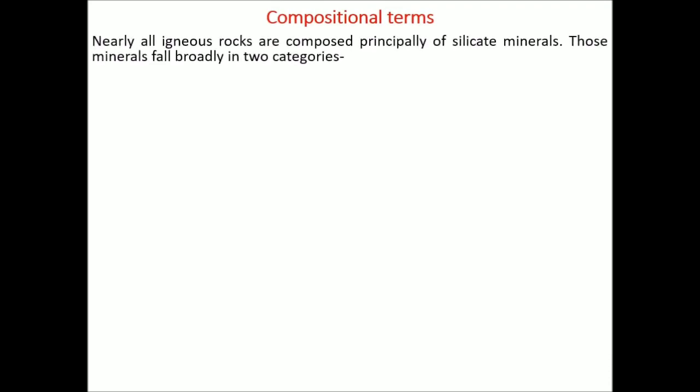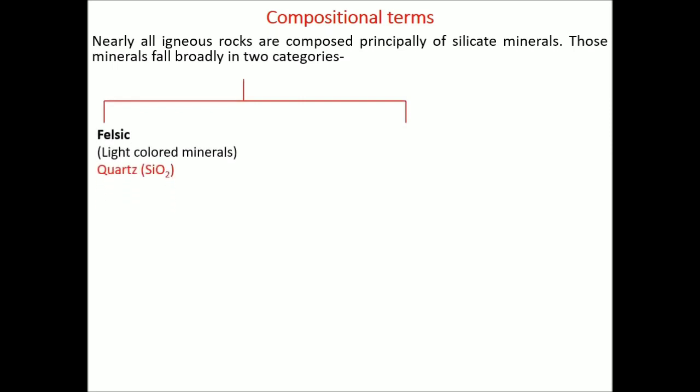In compositional terms, one parameter is the grain size of the rock to classify. Now, other parameters include: nearly all igneous rocks are composed principally of silicate minerals. So those minerals are broadly in two categories, and one is felsic.